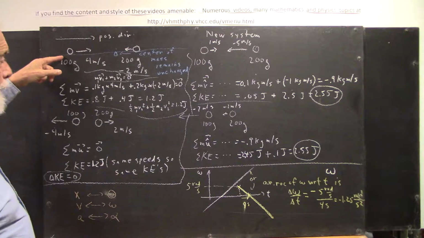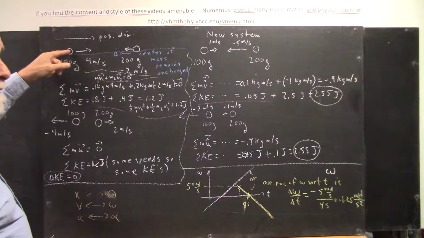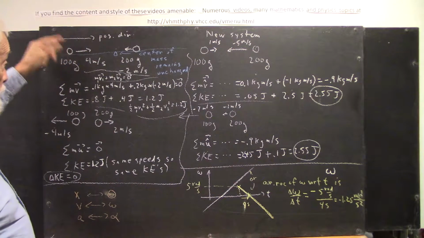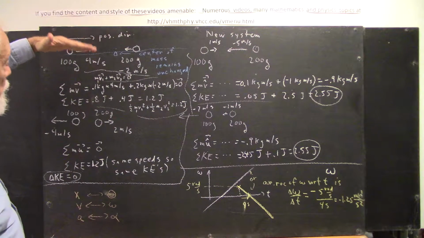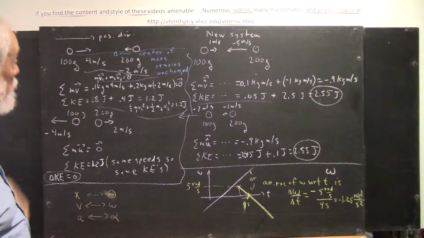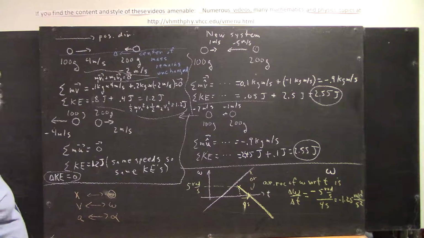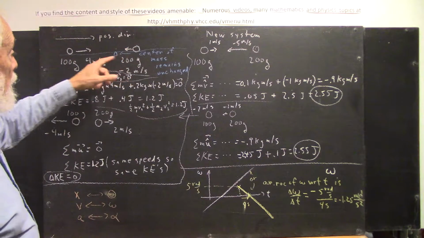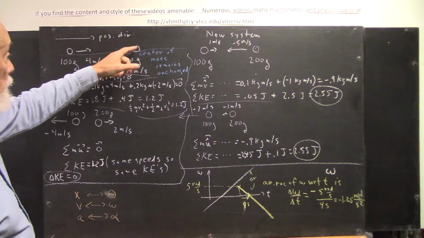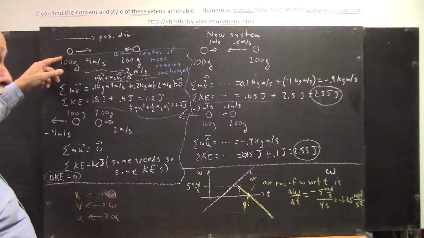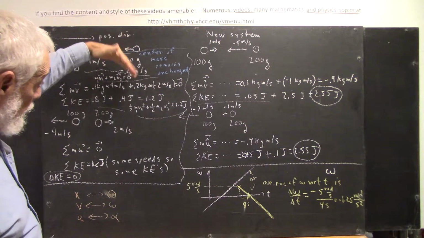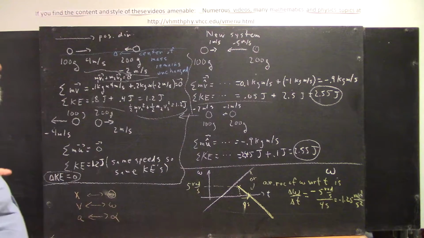If we balance the thing anywhere to the left of this mass, it is going to tend to make the system rotate like this. And the same with this. If the fulcrum is anywhere to the left of this object, especially if it's like over here, that's going to tend to make the system rotate this way.